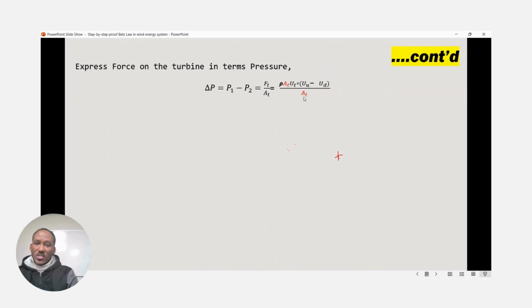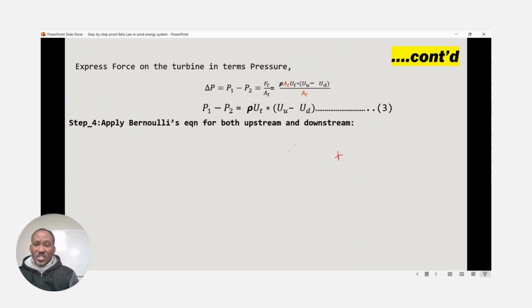Then divide by area; area cancels area. Then we have equation 3, which is P1 minus P2 is equal to density times UT, or velocity of turbine, times open parentheses UU minus UD close parentheses. Let's say this is equation 3.